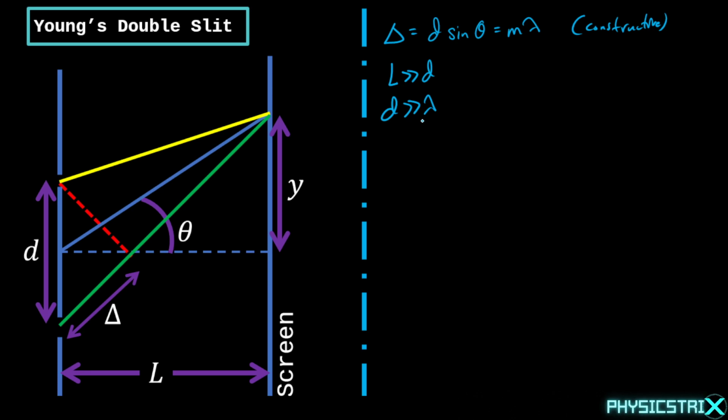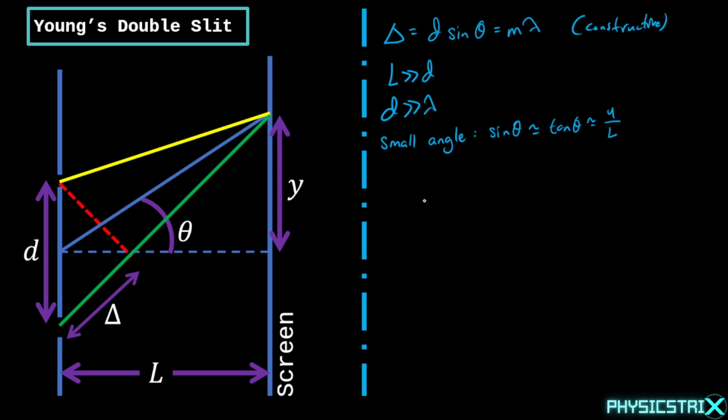If that is the case, then we can assume small angle approximation, which tells us sine theta is approximately tangent theta, which is approximately y over L. So theta is just sine or tangent y over L.